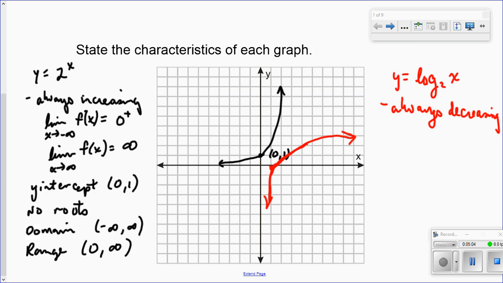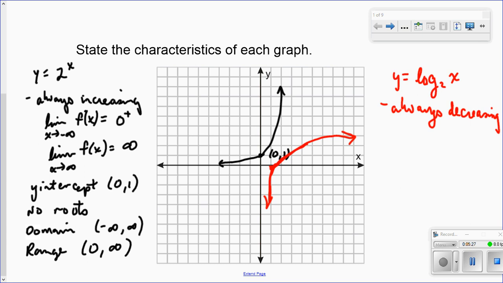So for the original exponential function, always increasing, the slopes of my tangents are always getting higher and higher. And for my logarithmic function, the slope of this tangent would be very high and positive, and then it just keeps continuing here. So as I move from left to right, my slopes are decreasing.